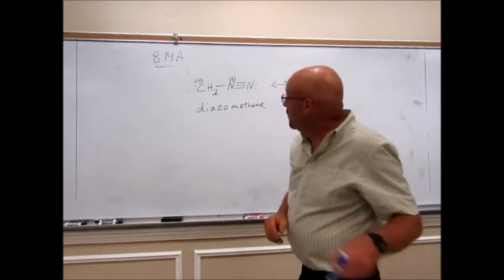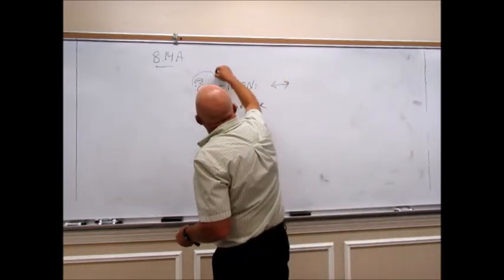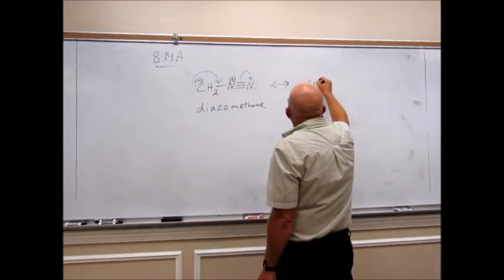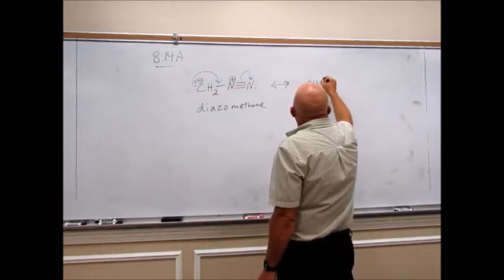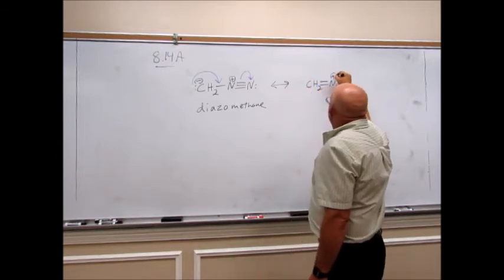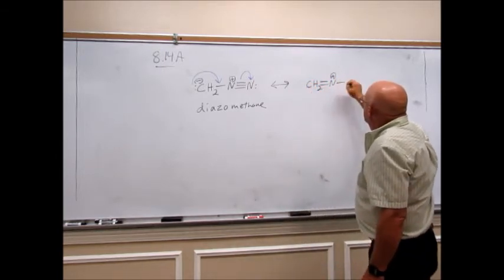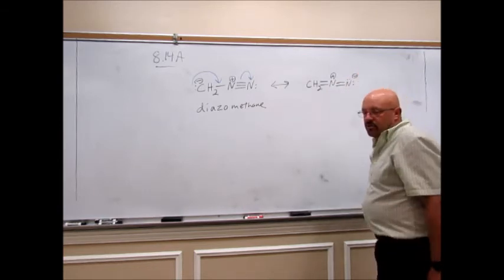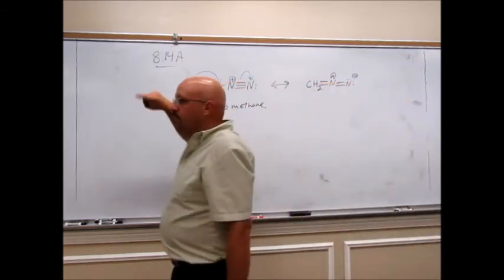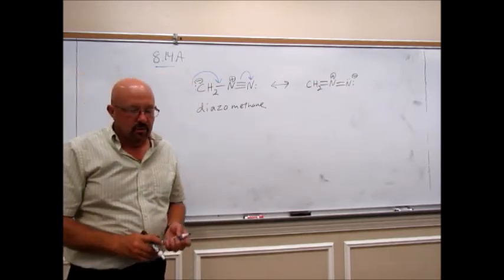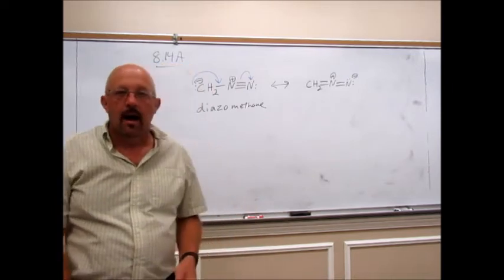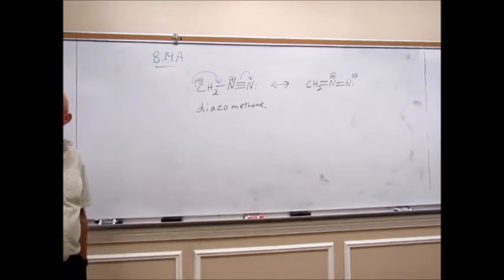We can move electrons away from the negative charge. So here's a resonance structure you can draw. It's going back and forth between the two resonance structures, so it's a pretty stable molecule. We can actually order and buy diazomethane.